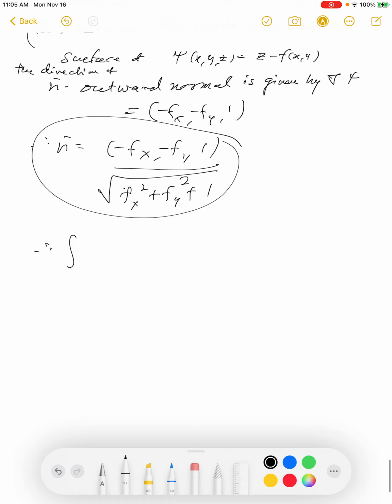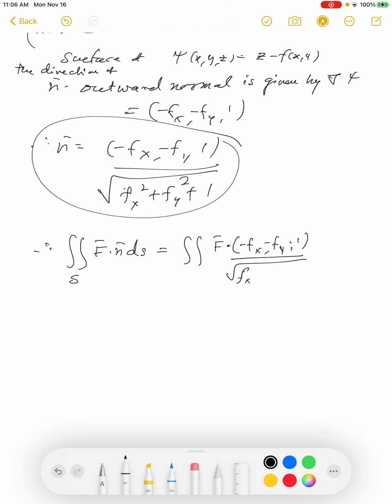So therefore the flux integral f bar dot n bar ds would be simply the surface integral of the expression f bar dot minus fx, minus fy, 1. I am calling capital F the vector field, little f is the function whose level surface is the given surface.